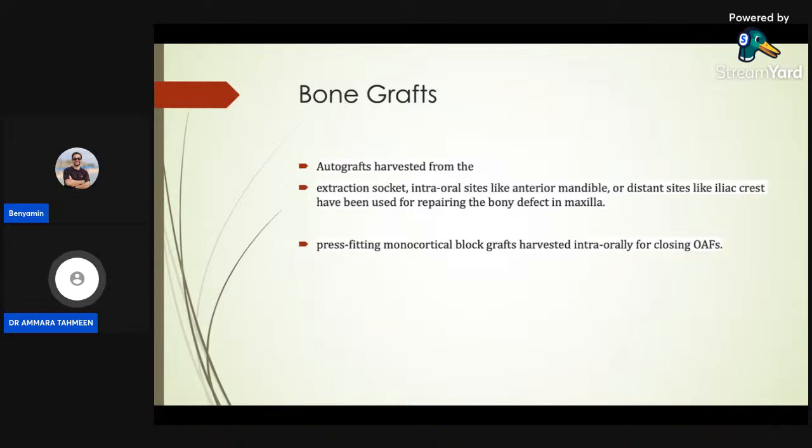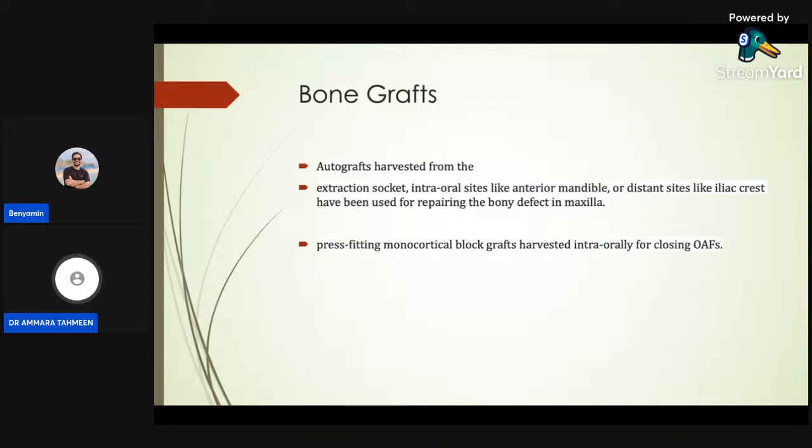Coming to bone grafts in the management of oroantral communication, when there are large defects, or when the patient is in need of replacement of the tooth in future, that is for implants, then we have to consider bone grafts.